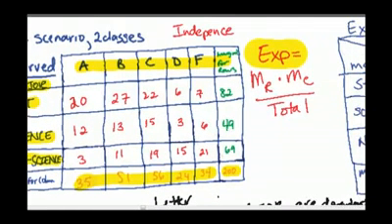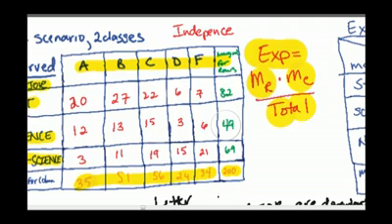So we were calculating the expected values, and it's going to be the marginal of the row times the marginal of the column divided by the total. Technically, this entire table should be in terms of proportions, and you should do 20 over 200, 27 over 200, and turn those all into proportions. You can do all the calculations without doing that, and I choose not to deal with fractions.